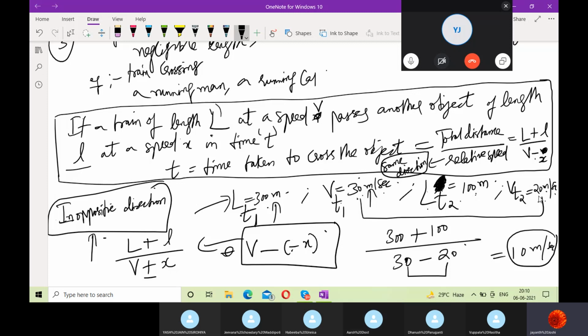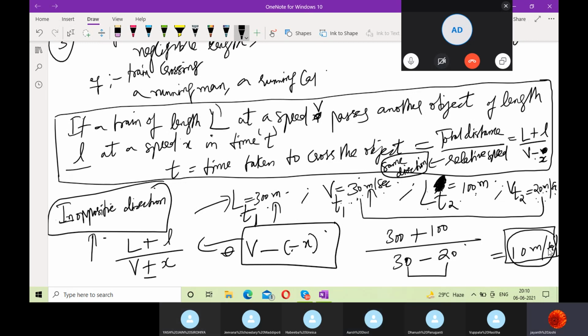This train is crossing 20 meters per second. So here it is understood that this is a faster train, this is a slower train. This is faster than this by how much? 10 meters per second.